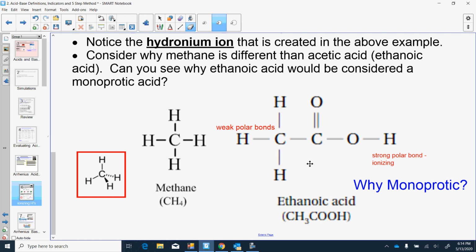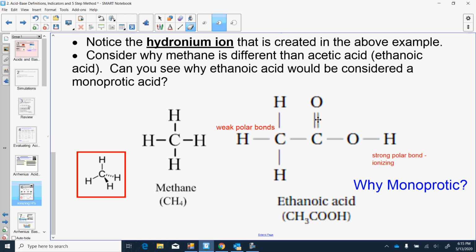If you look over here, this is acetic acid, or ethanoic acid is another name for it. You can see that we have both types of bonds here. We have carbon bonded to the hydrogen, and here we have very weak bonds. And over here, these carbon-carbon bonds are smack dab in the middle, a molecular bond.